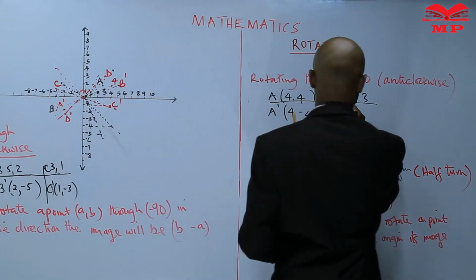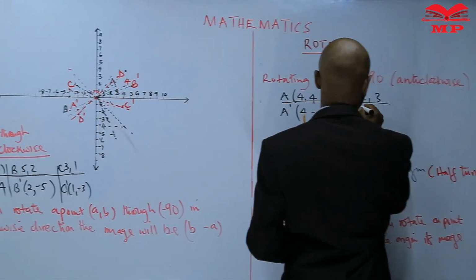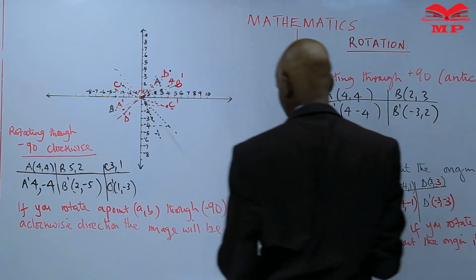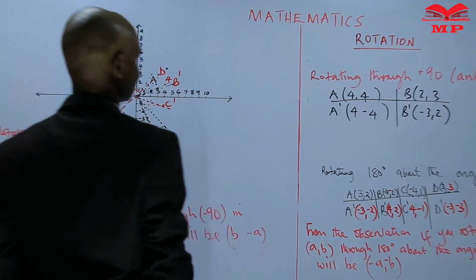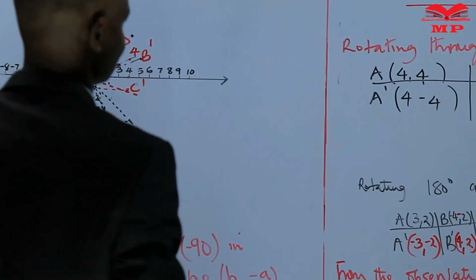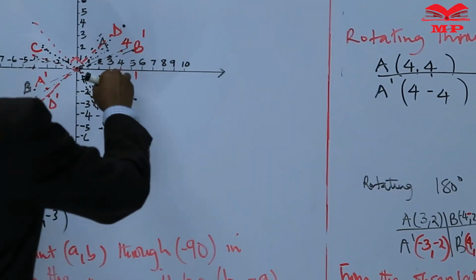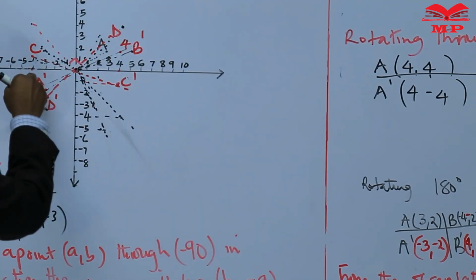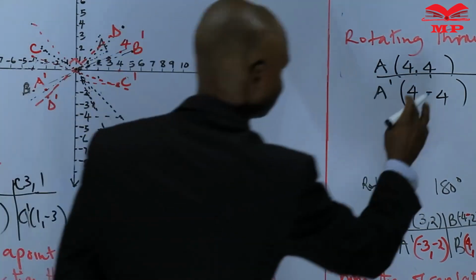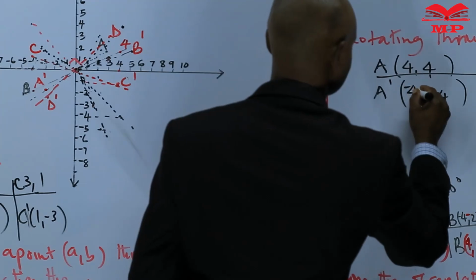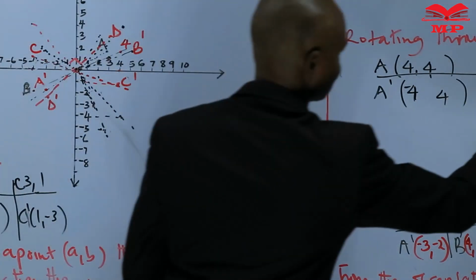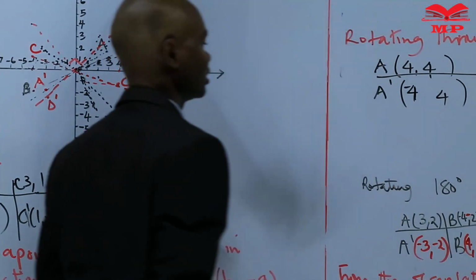Negative 3, 2. So what is actually happening? We had 4, 4. It became negative 4, 4. We had 2, 3. It became negative 3, 2.